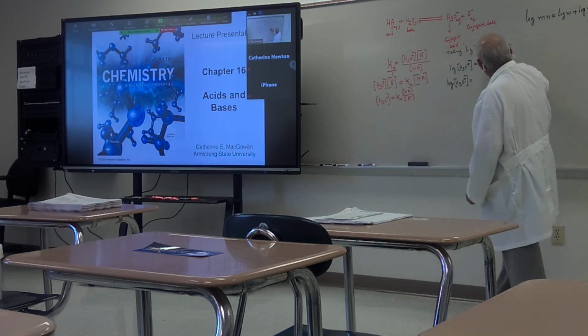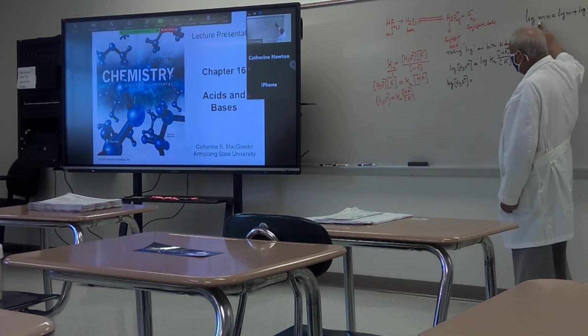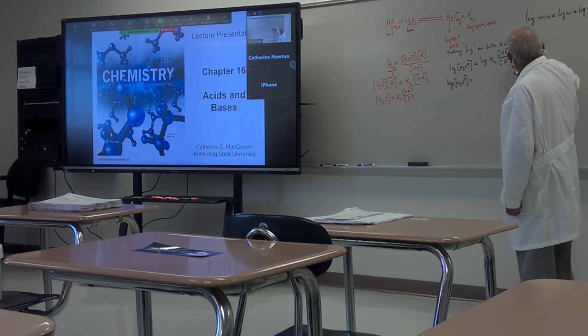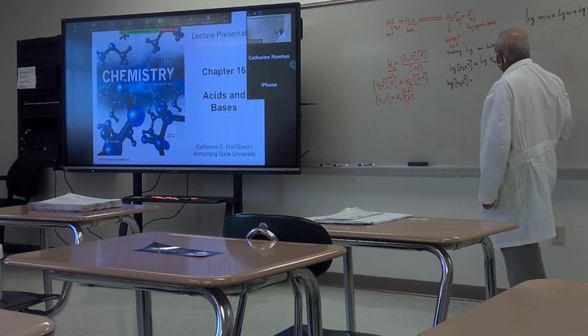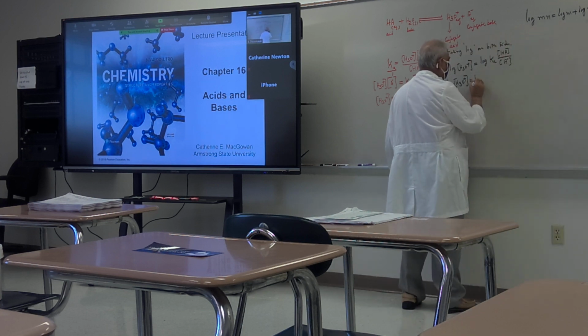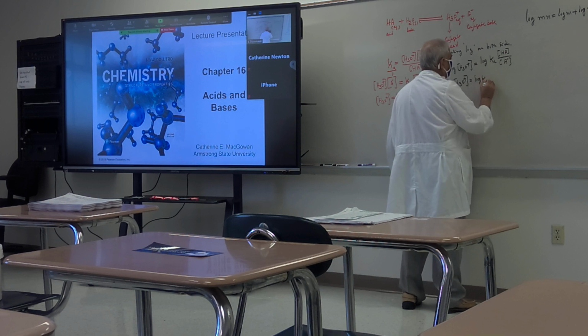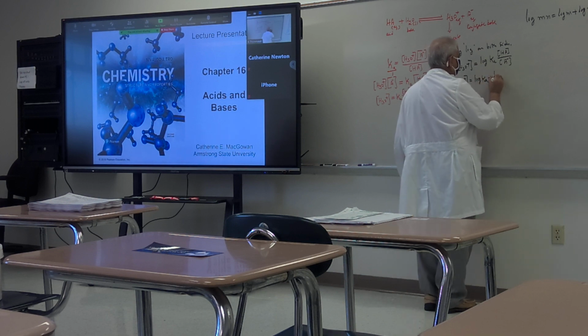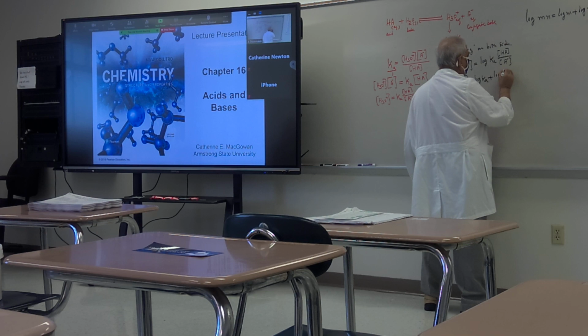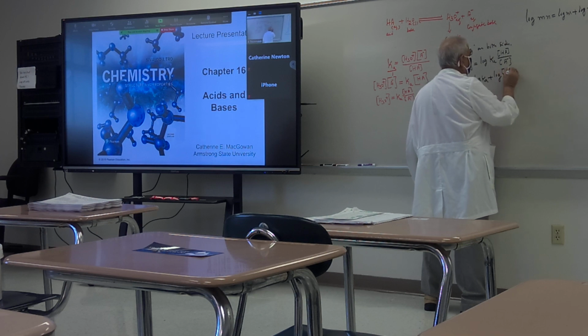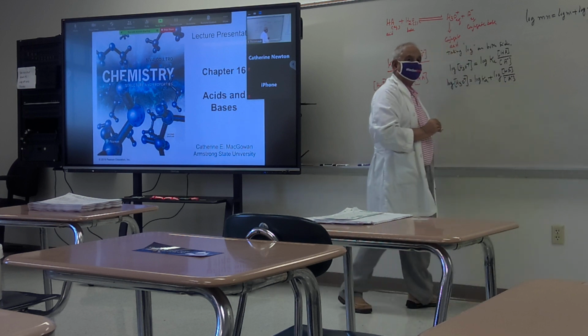Now I consider this Ka like M and HA over A minus as N. If you expand that, this is going to be log Ka plus log of HA over A minus. You got it?